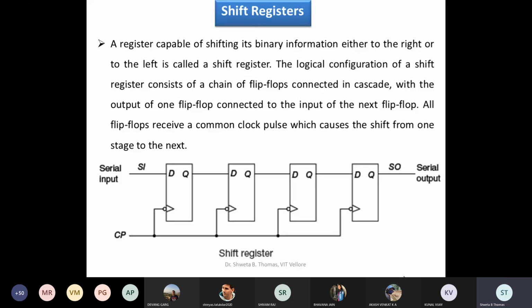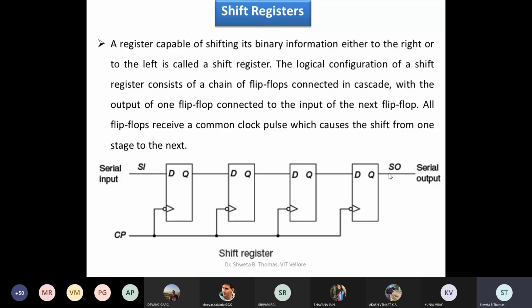Whatever input D is given is transferred serially through the flip flops. The first input is given to the first D flip flop, transferred to Q, this Q is given to the second, then transferred to Q, then given to the third D, and in the same way we get the output. In this way it is transferred serially with the occurrence of the clock pulse.